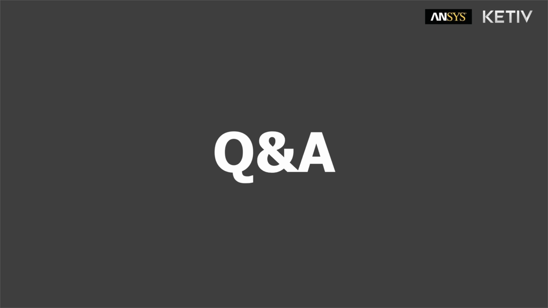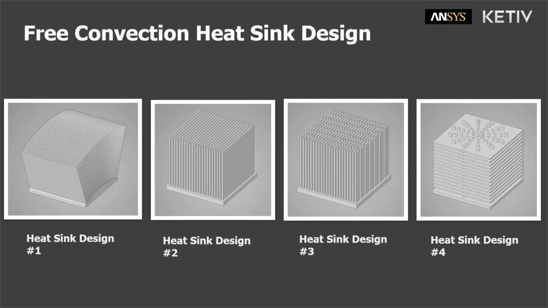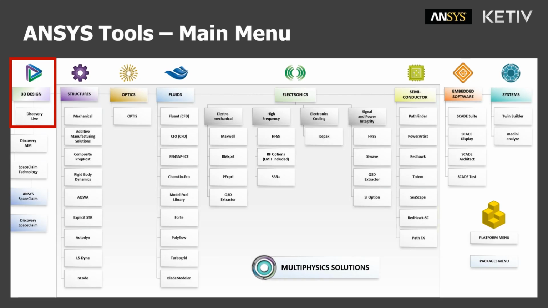Okay, so someone's asking, what's the difference between AIM and Discovery Live? Yeah, they're both Discovery tools. That's why they're asking. That's right. They're both part of the Discovery suite, and they're for designers. We didn't get into that too much in this webinar. If you watch some of the earlier webinars in this series, we'll go into that a bit more. But Discovery AIM uses the same methods, the same accuracy as the flagship tools.